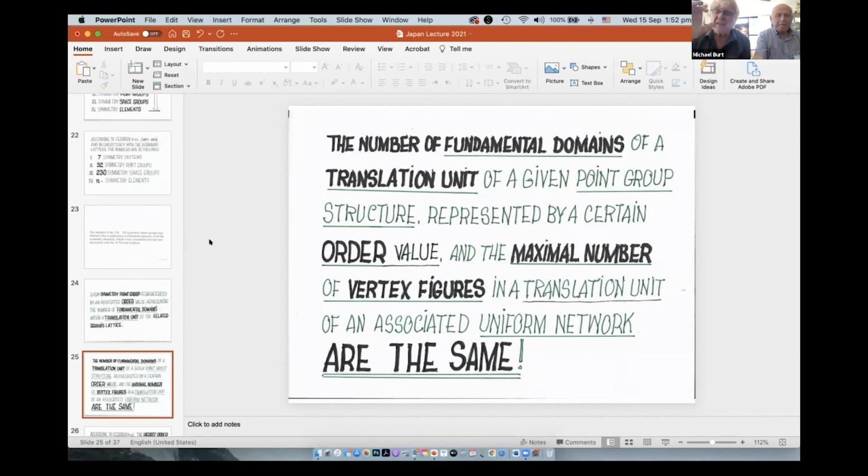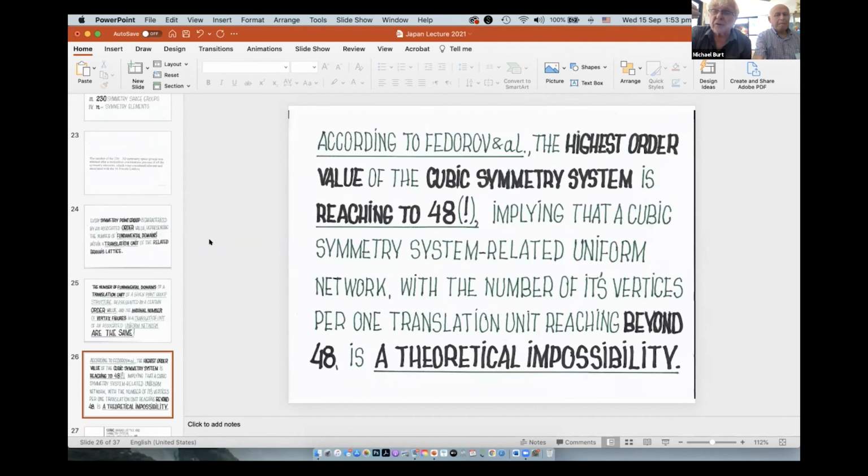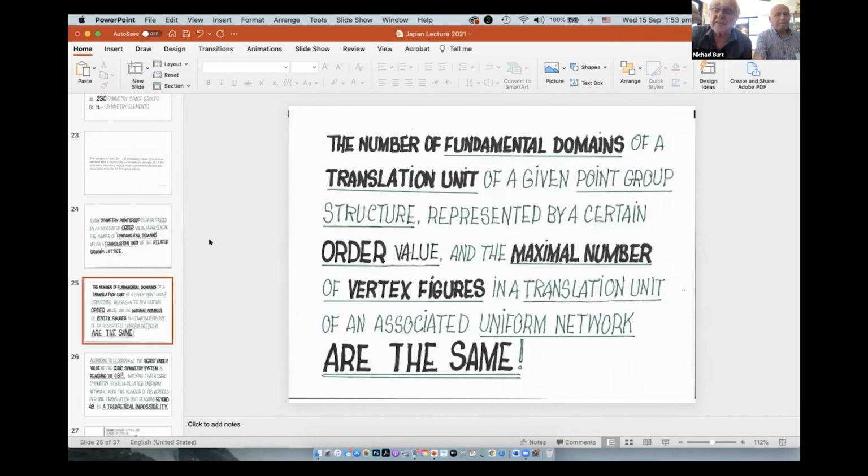Within every fundamental domain, we can place and maintain only one vertex, different from all other possible point locations within that domain. And so a uniform network has its uniform vertices, one vertex per one fundamental domain.